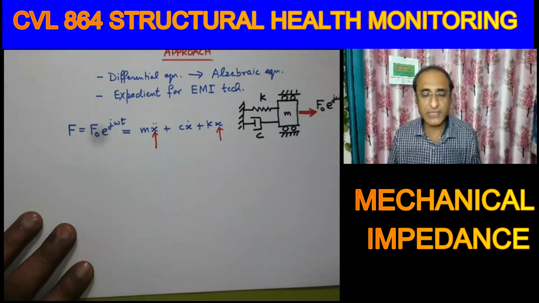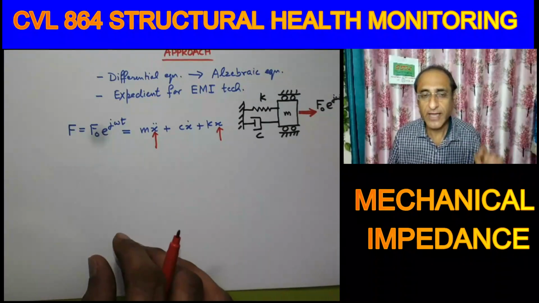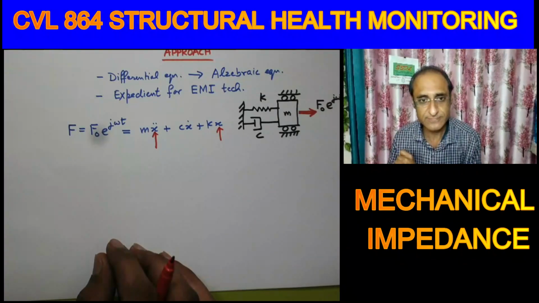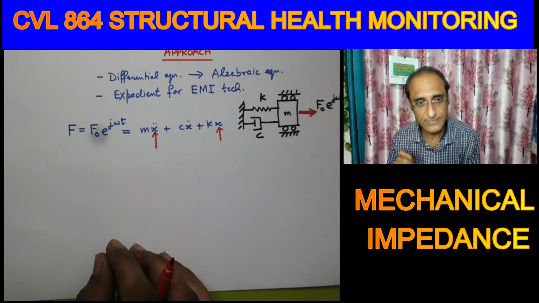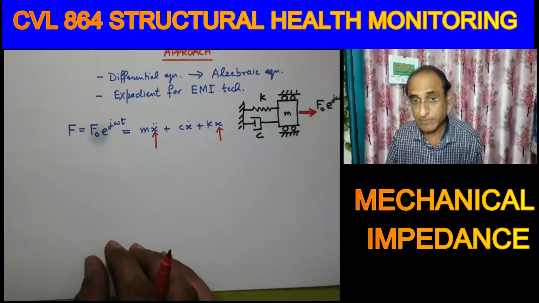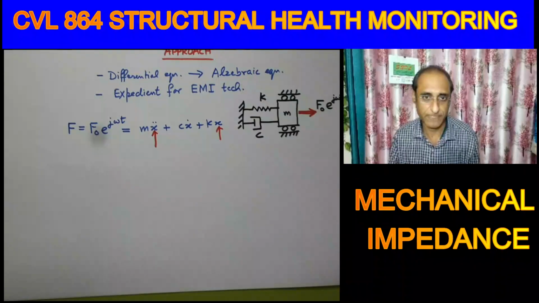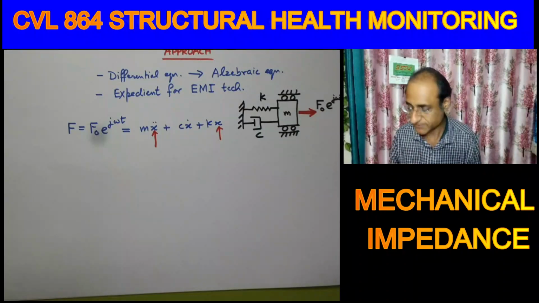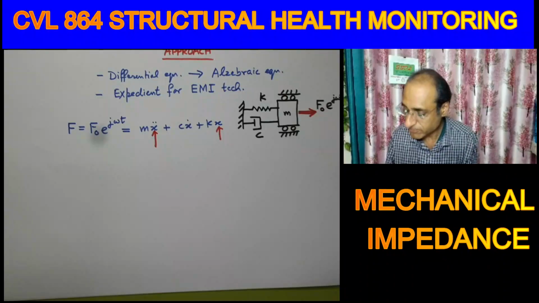In the previous derivation, I expressed acceleration and velocity in terms of displacement. Now I am choosing velocity as my base, and I will express the displacement and acceleration in terms of velocity. So how do we define displacement in terms of velocity?